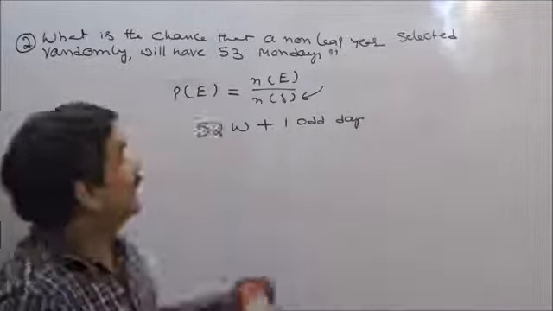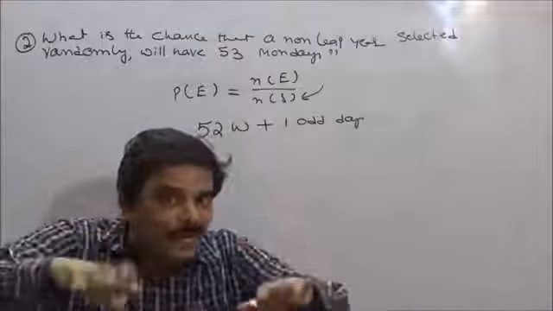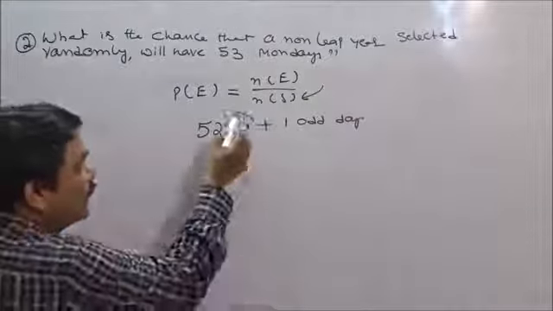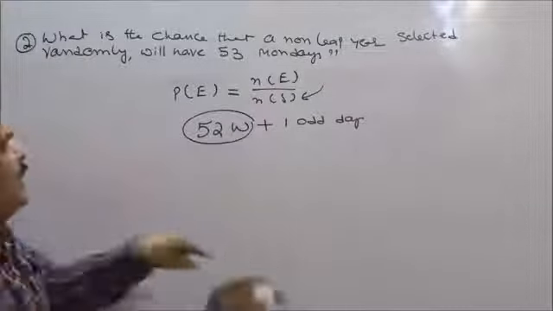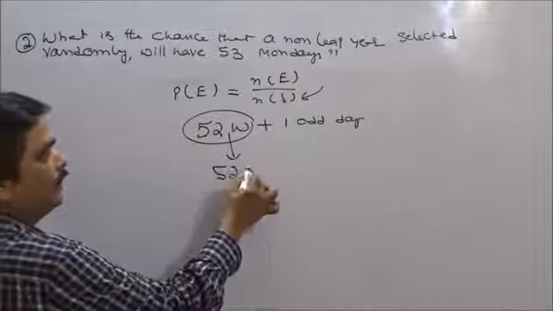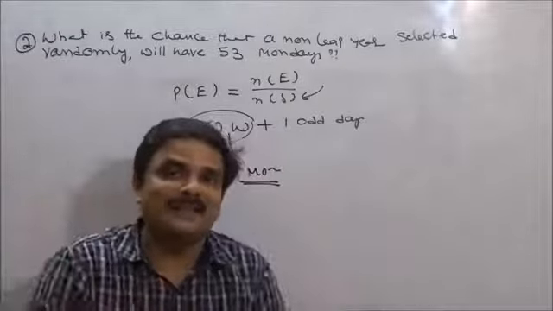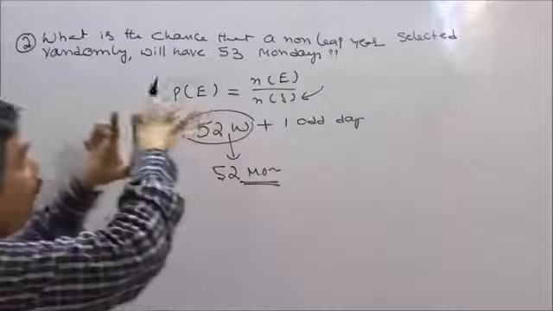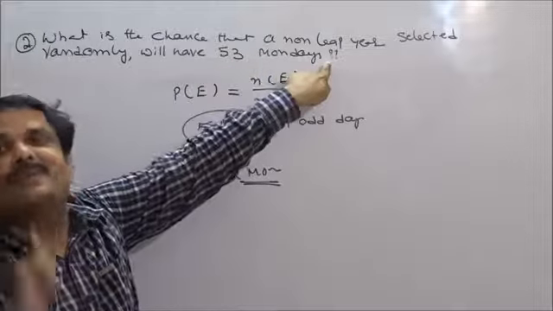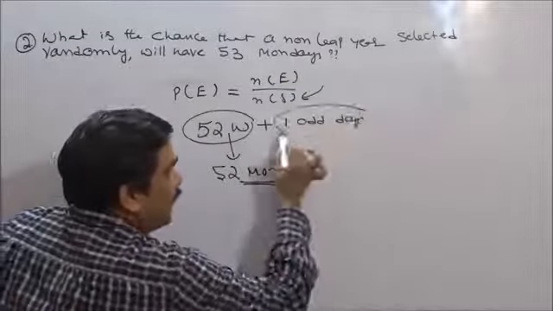Now the question is, what is the probability that it is having 53 Mondays? Now here, when 52 weeks are there, definitely I can say that in 52 weeks, 52 Mondays are there. Now the question is, what is the probability of having 53 Mondays? Now you see, students, this is 1 odd day.